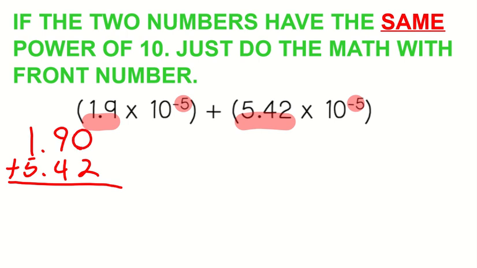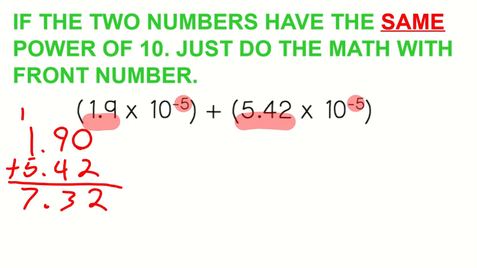Anything that's empty like that, you can fill in zeros. So we got 2, we got 3, carry a 1, that makes 7. Decimal comes straight down. So this was in front numbers.